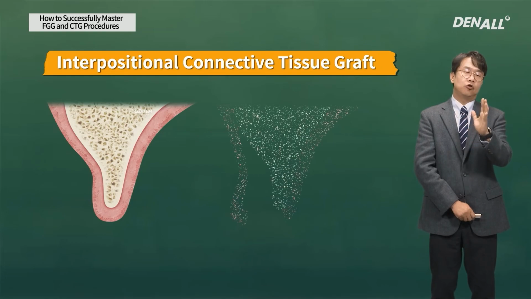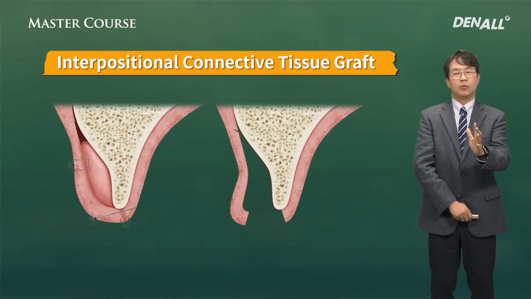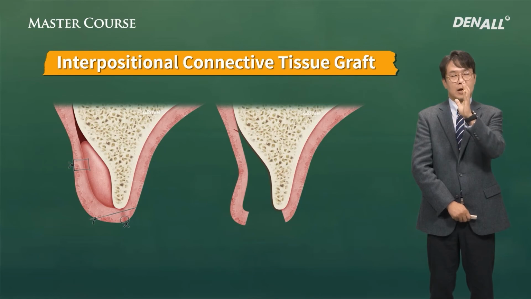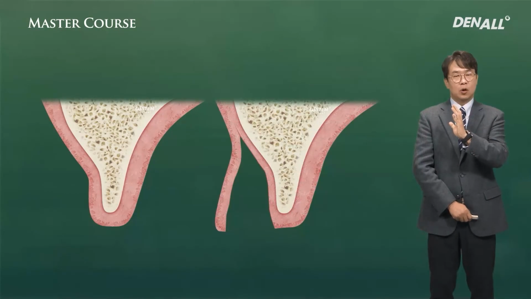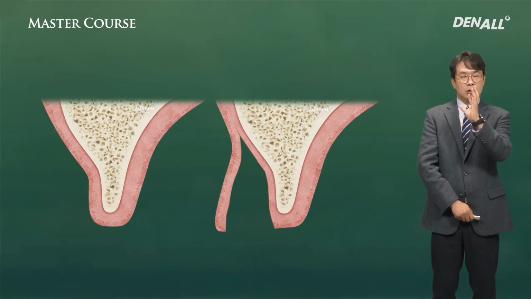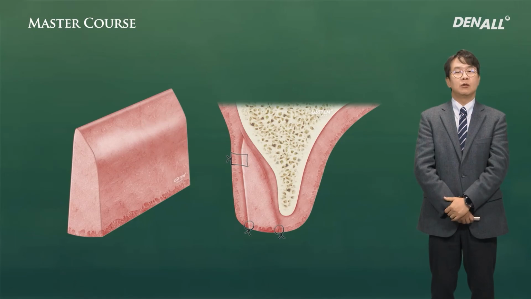As I said before, if there is a big concavity in the labial side, CT can be inserted in there and the tissue is released tension-free and it can be covered. Partial or full thickness flap can be used.